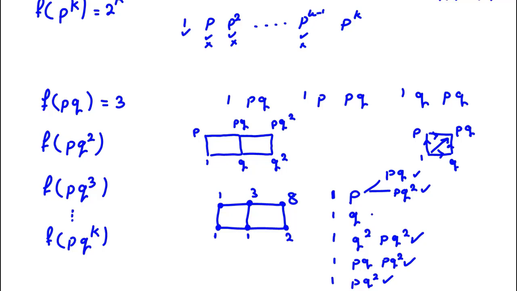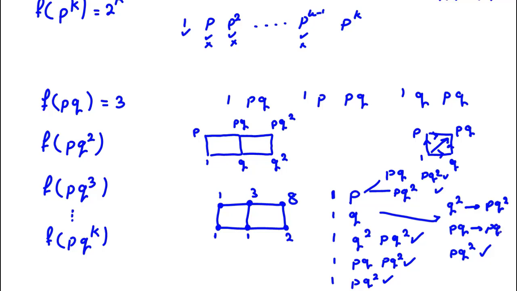If it is PQ, here next one should be PQ squared, okay? 1, 2, 3, 4, 5 cases. If it is Q, next case can be Q squared, next case can be PQ, next case can be PQ squared, okay? Only these cases. And here it will be again one other case for Q squared. Next one should be PQ squared. For this one, next case should be PQ squared. So 1, 2, 3, 4, 5, 6, 7, 8. It will be okay. So it is 8.